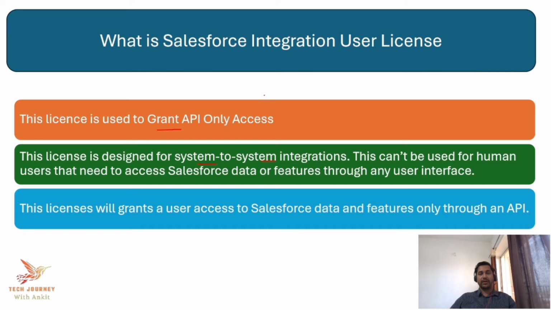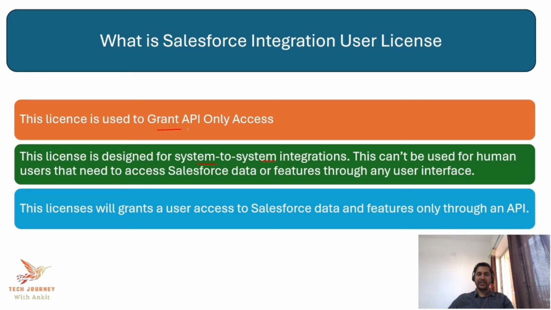This license should not be used for anything else. In case you are using it otherwise, it's going to be an anti-pattern. This license can't be used for human users. It can only be used for system to system integration. The recommendation from Salesforce here is, for every system to system integration, you should have the Salesforce integration user license.